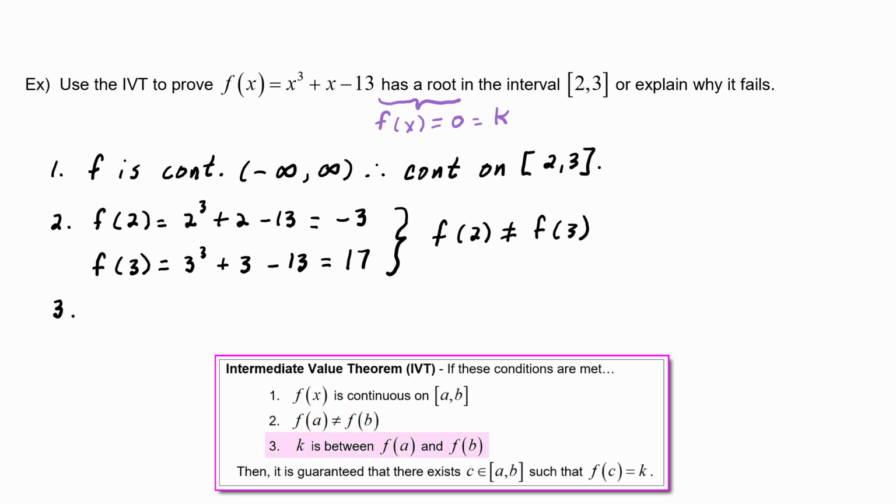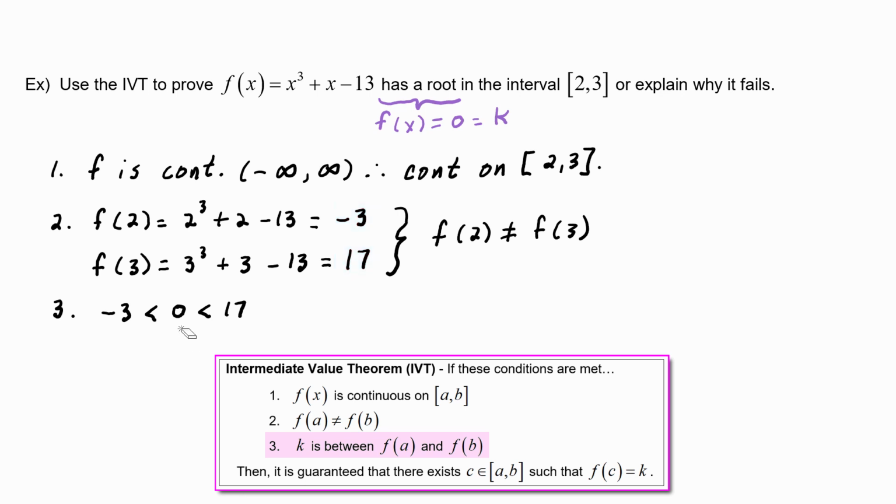Step 3 is that our value of k, which remember, since we are finding a root, our value of k is 0, and we have to know that that's in between f of 2 and f of 3. Well, certainly 0 is between these two. So you can either write that out in words, or you can show that 0 is in between those two by writing this inequality. Negative 3 is less than 0 is less than 17.